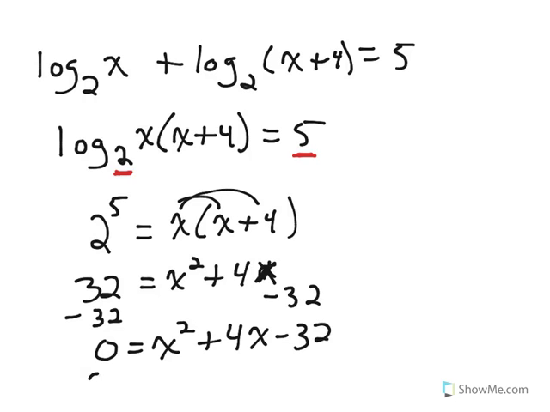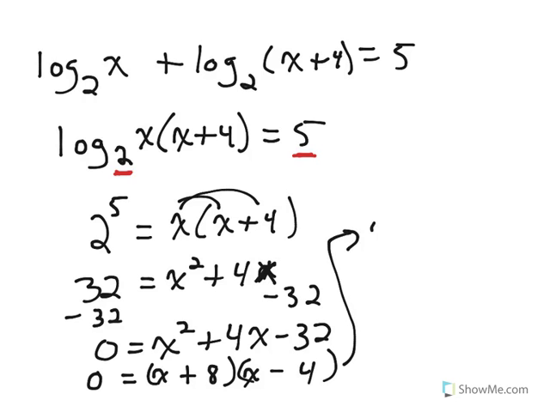Now we can factor our quadratic equation using our two sets of parentheses. Factors of x squared are x and x. Factors of negative 32, that when you add them together give you 4 in the middle, is a positive 8 and a negative 4.